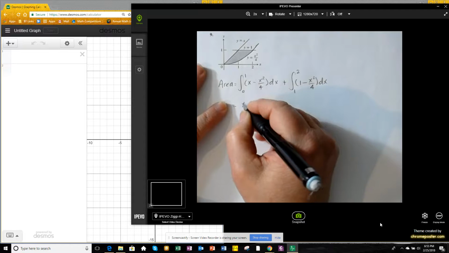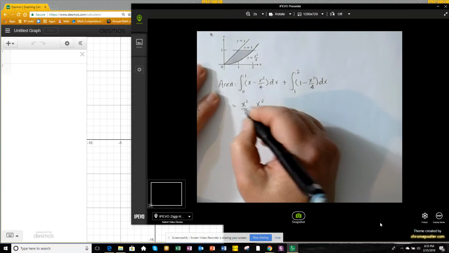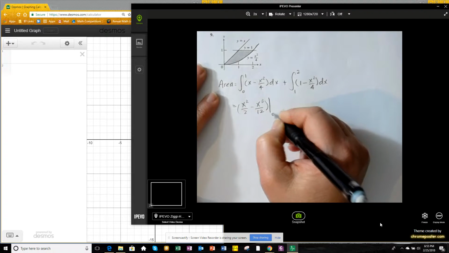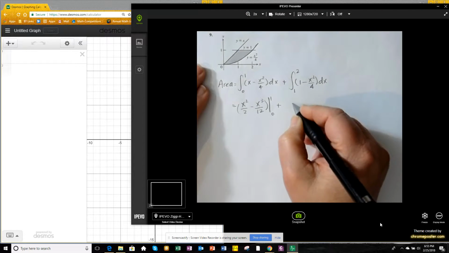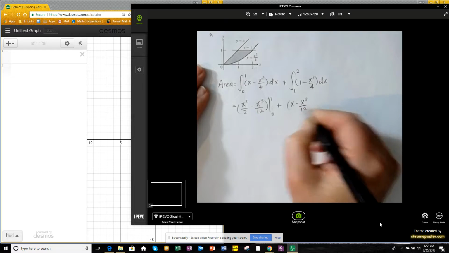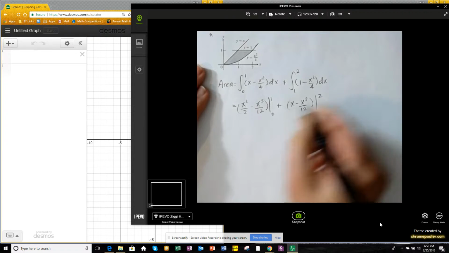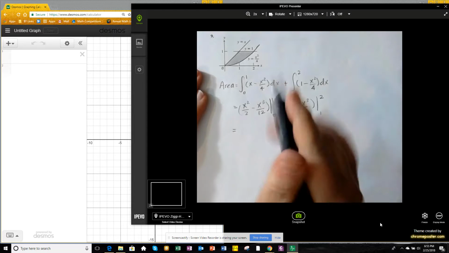So this is going to be x squared over 2 minus x cubed over 12, evaluated between 0 and 1, plus the integral of this one will be x minus x cubed over 12, evaluated between 1 and 2. And then let's put using the fundamental theorem of calculus part 2, let's see what we get.